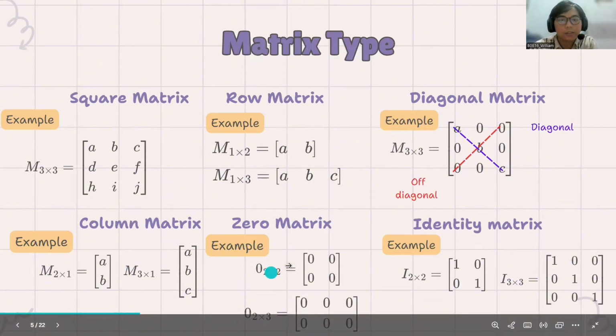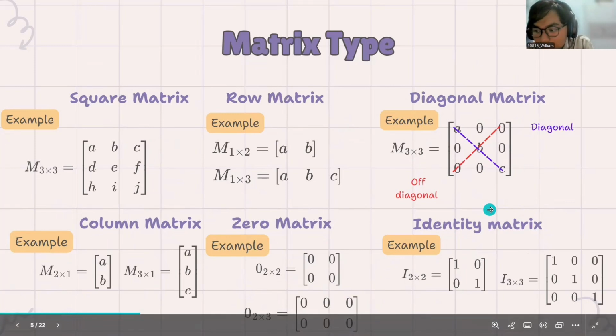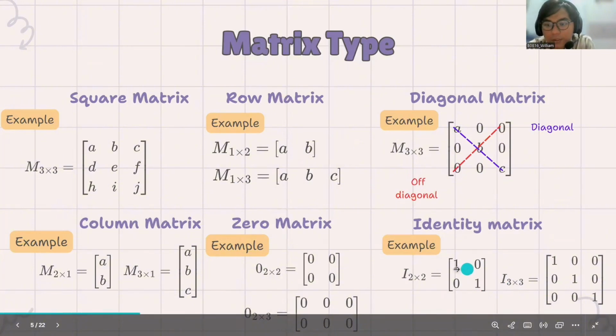A zero matrix is like a square matrix, but with only zeros inside. And an identity matrix is a diagonal matrix, but the main diagonal is one.